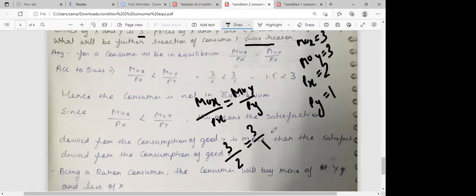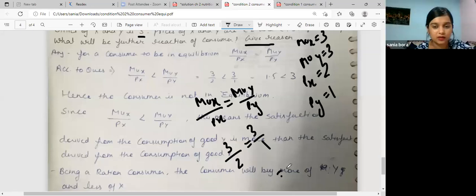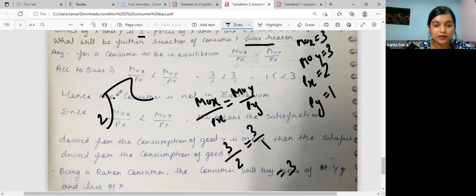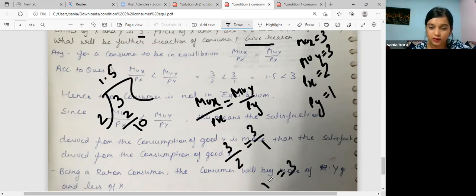Basically you will solve it like this. This one will remain 3. But here you can solve it like this: 3 upon 2 is 1.5. So the answer is 1.5. So 1.5 is less than 3, so MUX upon PX is less than MUY upon PY. That is the situation.